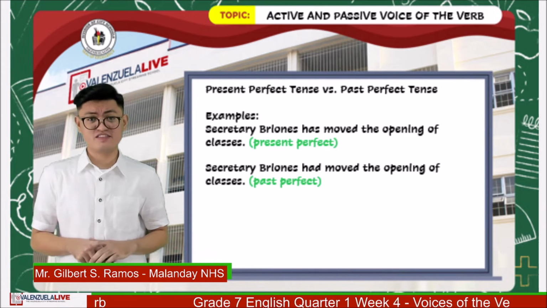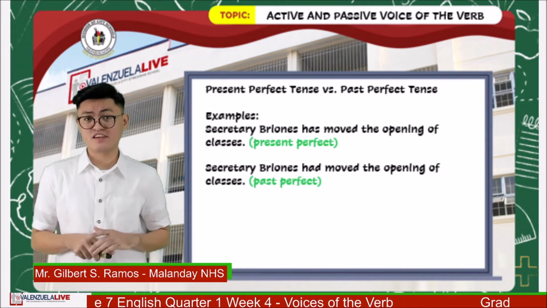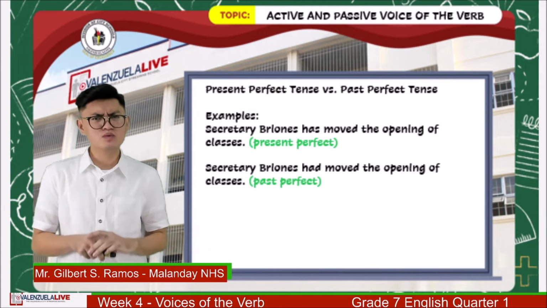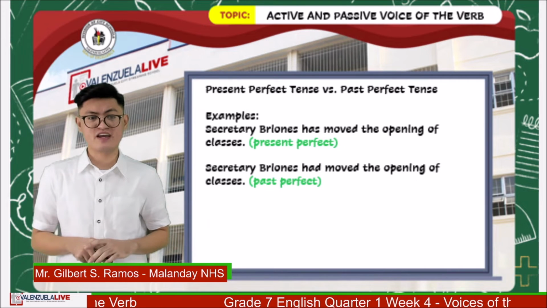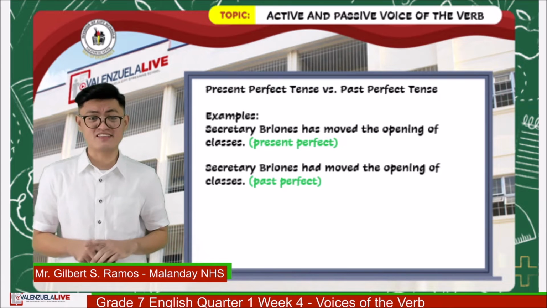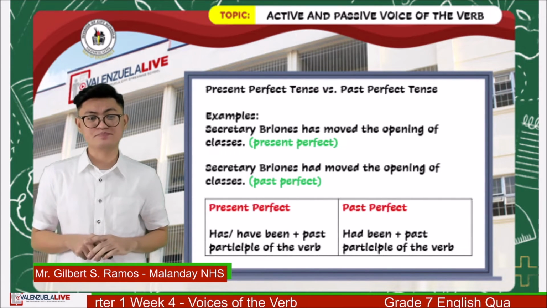Secretary Briones has moved the opening of classes. Present perfect. Secretary Briones had moved the opening of classes. Past perfect. In order to transform those sentences, we shall use this formula.